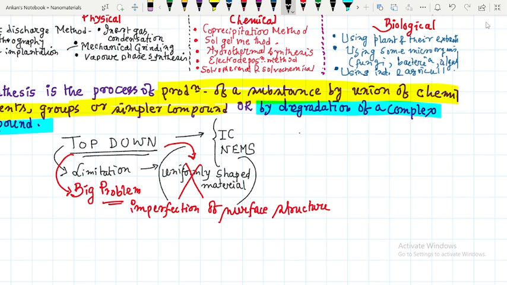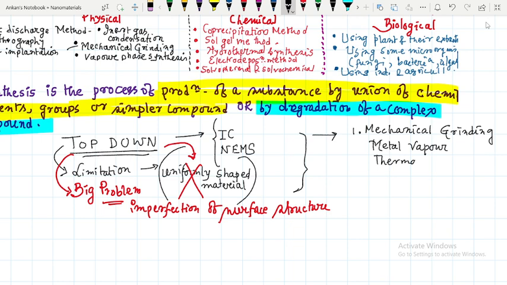Now the top down technique employs processes such as mechanical grinding, metal vapor, thermal breakdown, chemical breakdown, and spontaneous chemisorption.